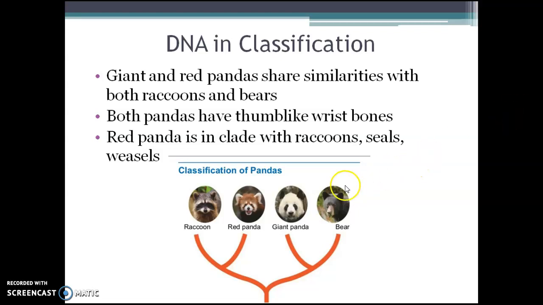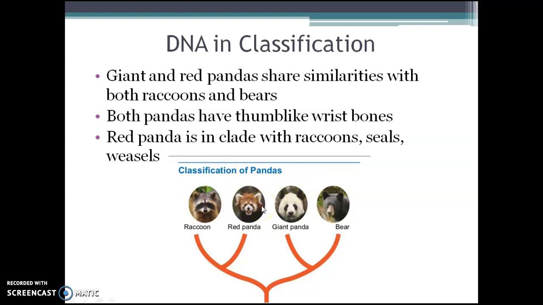Okay, but if you look at a giant panda and you look at a common black bear, I mean, a lot of us would go, yeah, they have a bear face, right? Raccoons, which we see often around our area, look a little bit different, but they do have a lot of similarities with bears. There's also an animal called a red panda.